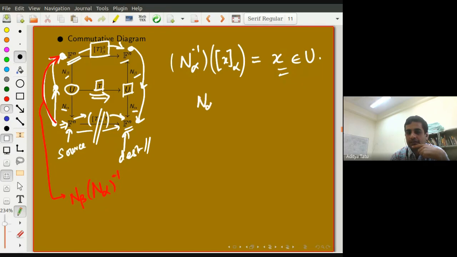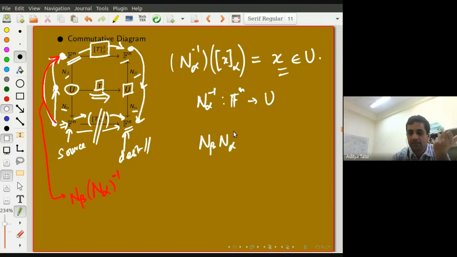N alpha inverse is a map from F^n to U. So this need not be a matrix, right? Yes, sir.